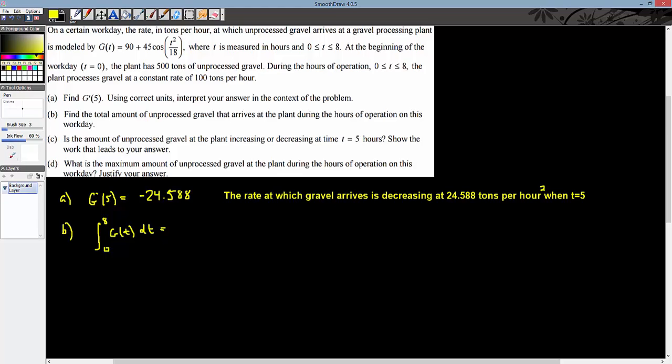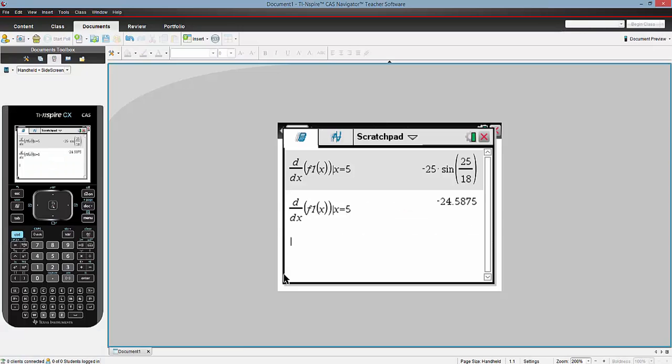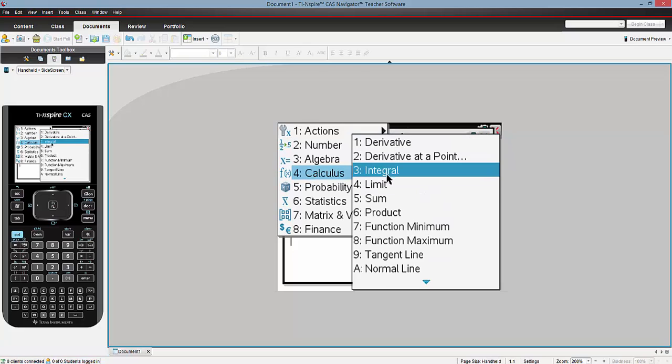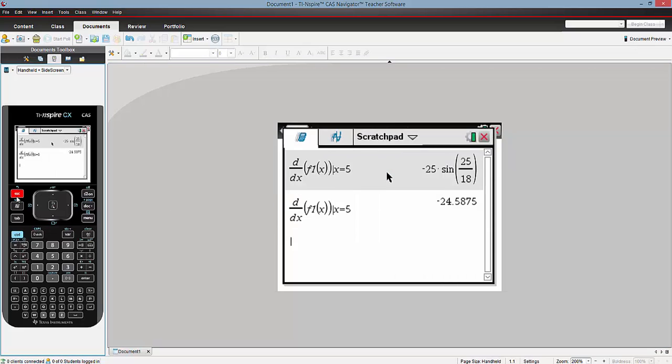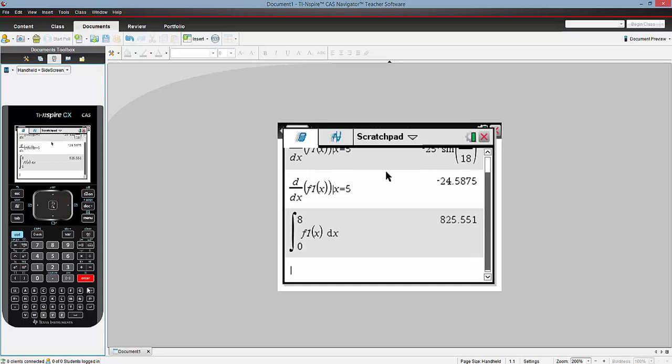So go back to your nifty TI Inspire here, and now I'm going to use the integration function. You can either go to Menu, Calculus, Integral, or if you wanted a shortcut, you would just go Shift plus, and you'd go from 0 to 8 of f1 of x dx, and you hit enter, and you get 825.551.